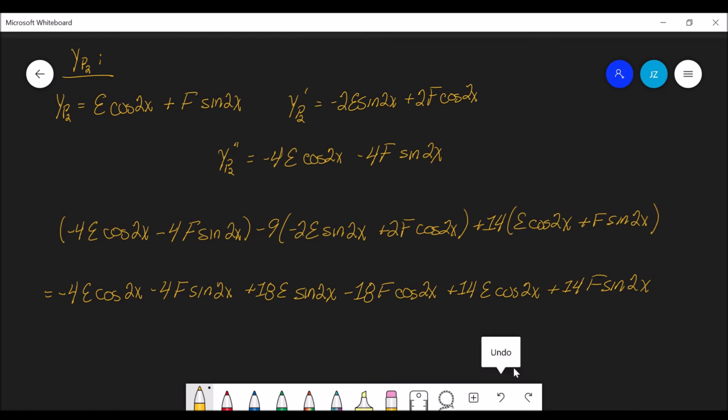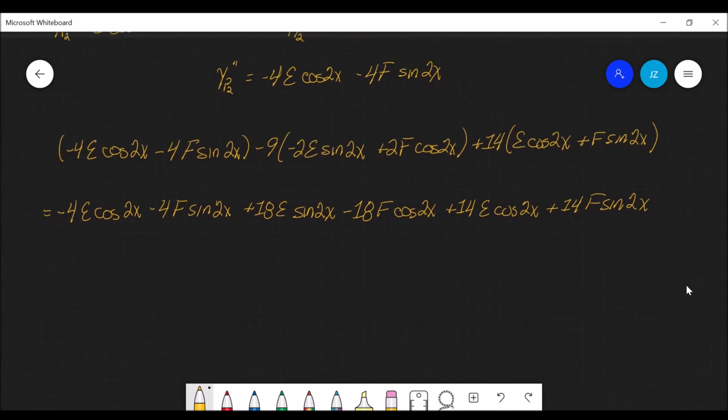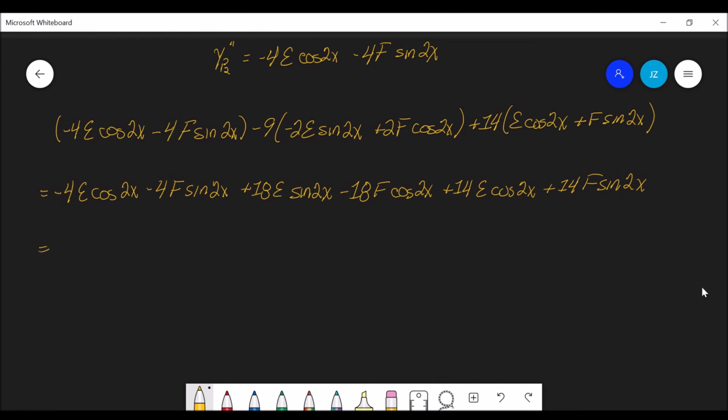Just as we did with the first one, I'm going to group terms together. So I'm going to group all of my cosine terms together and all of my sine terms together. So for cosine, we're going to have negative 4e minus 18f plus 14e. And then for sine, we have negative 4f plus 18e plus 14f.